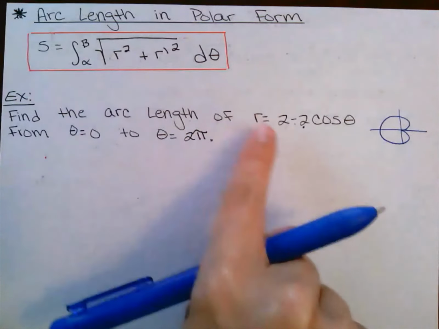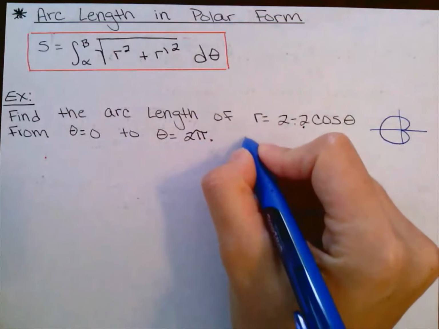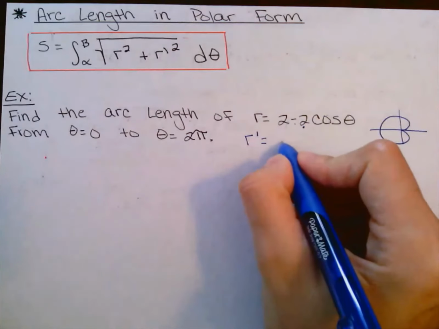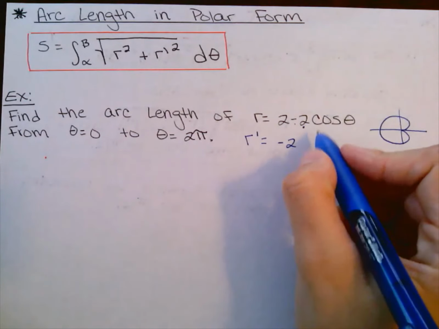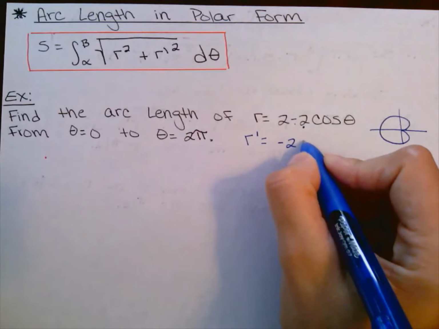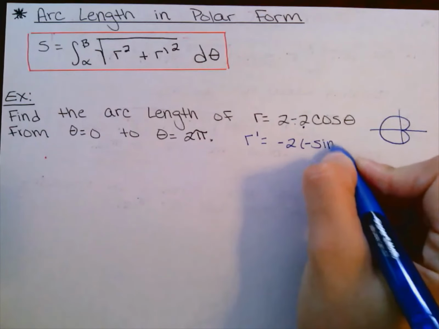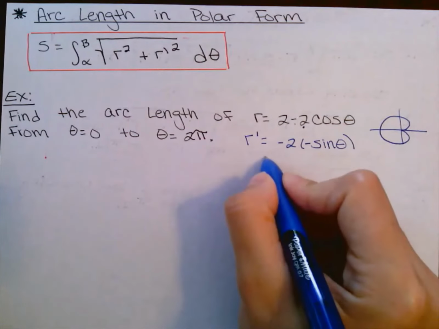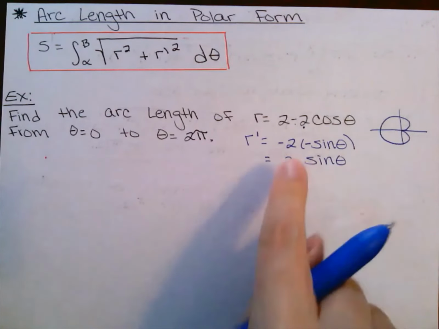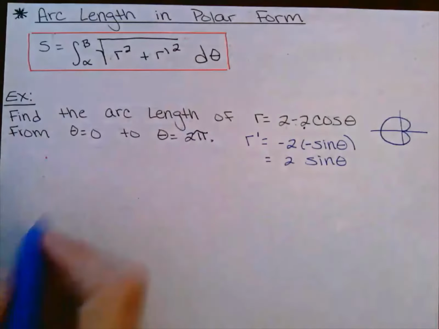So now I know for my formula, I'm going to need r, but I'm also going to need r prime. Derivative of 2 is 0. Bring down the coefficient of a negative 2. And derivative of cosine is a negative sine. So we have that r prime is a positive 2 sine of theta. Now I'm ready to plug in my r and my r prime.